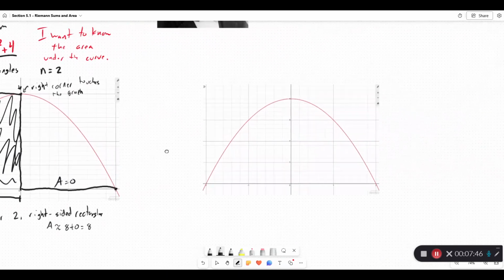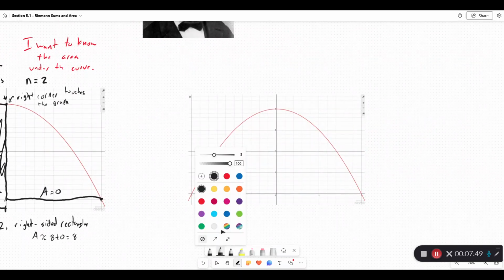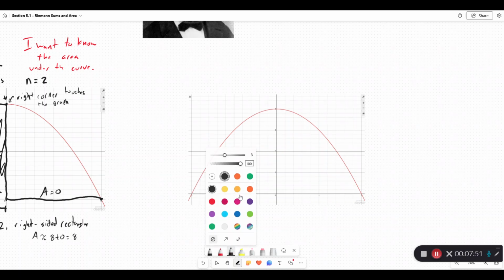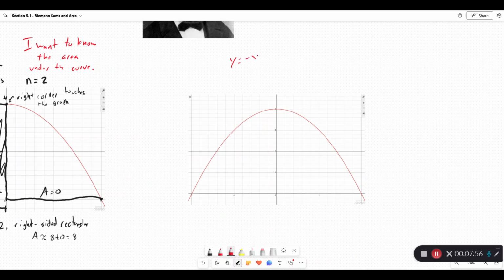random number. I'm saying the area underneath the curve is about 8. Okay, what if we do the same curve, but now, let's say I want to use n equals 4 rectangles. So this is -2 to 2. I'm going to divide this into 4 notches. So here's a notch, here's a notch, here's a notch. Notice each of these bases where my rectangles are going to go, they're going to have a base of length 1.